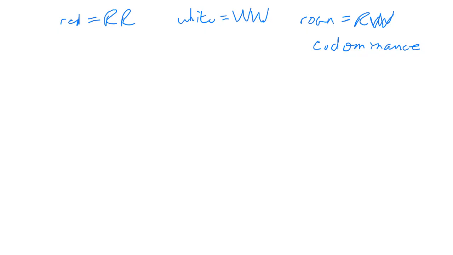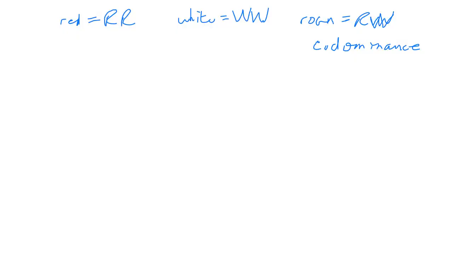And also the way the question is written with big R, big W, you know that it's not a case of incomplete dominance. So it's actually codominance. Both alleles are being expressed equally, and both phenotypes are observed. So it's not an intermediate phenotype, a pink cow, right? So it is an example of codominance.